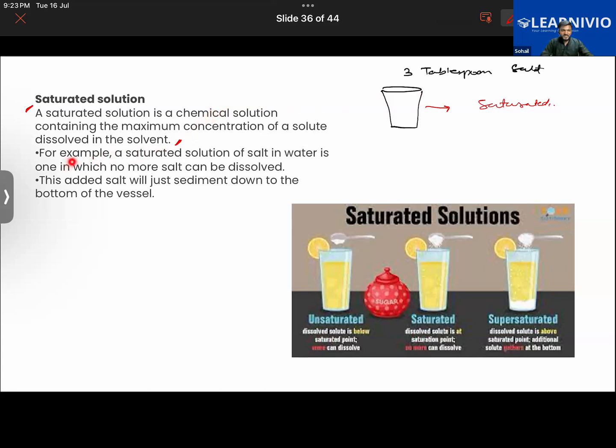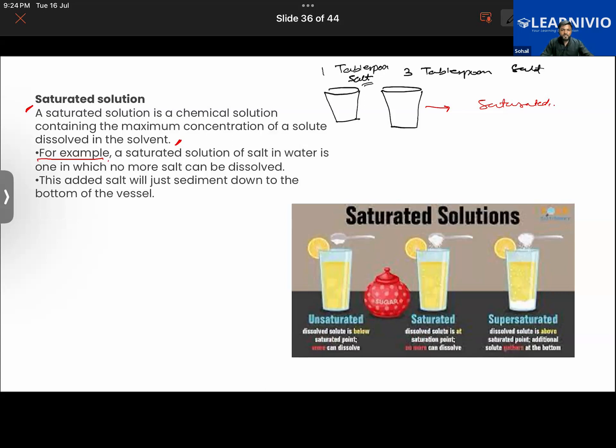Now read the given example. For example, a saturated solution of salt in water is one in which no more salt can be dissolved. The added salt will just sediment down to the bottom of the vessel. Good. Okay, you guys tell me, the moment when we had added only 1 tablespoon of salt in the water, at that time was it a saturated solution or an unsaturated solution?